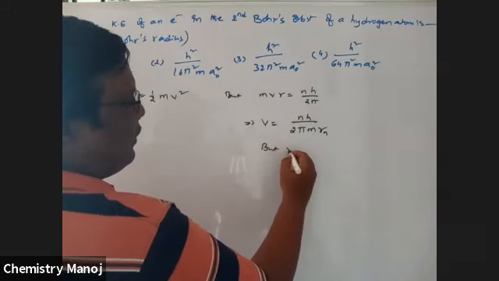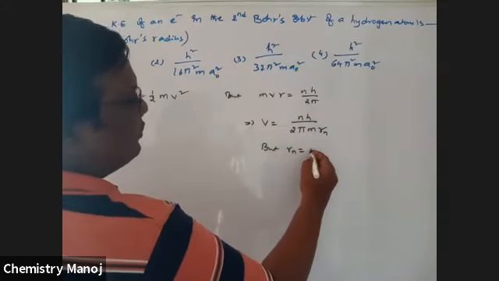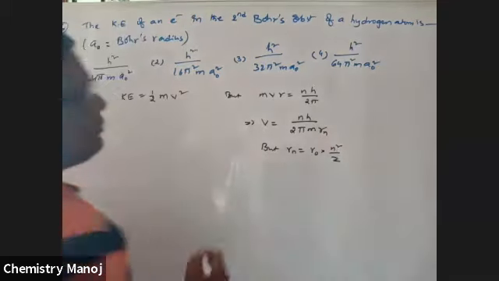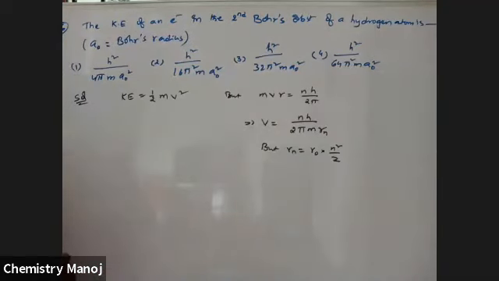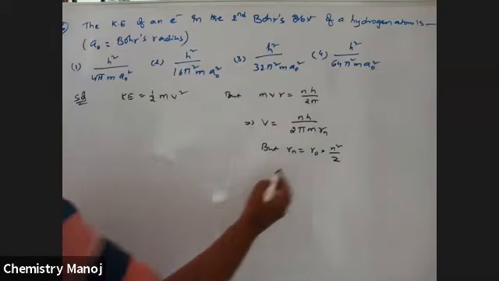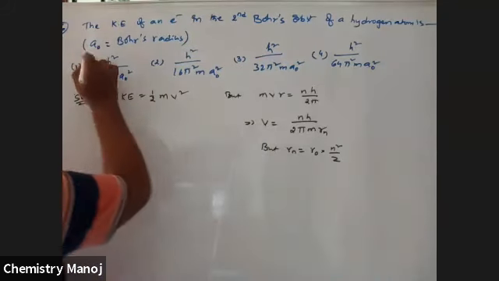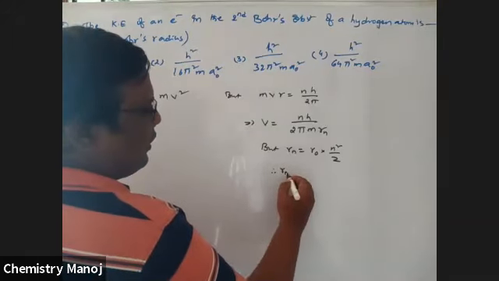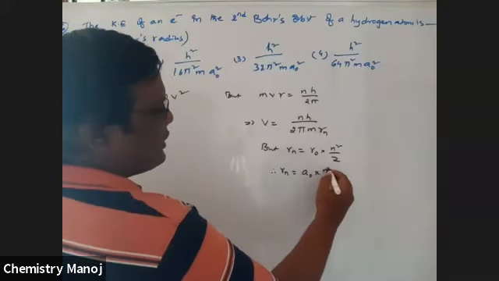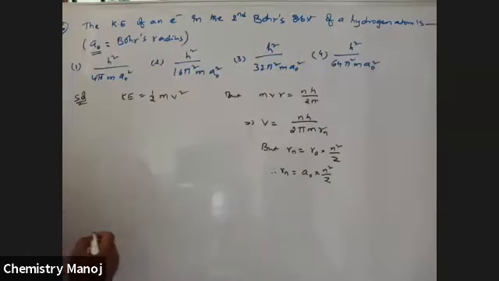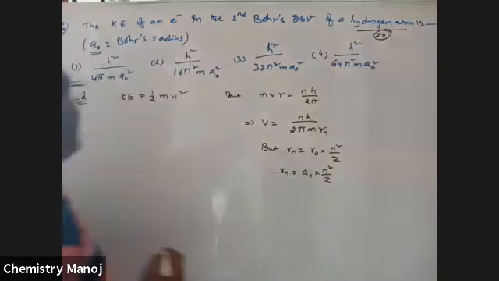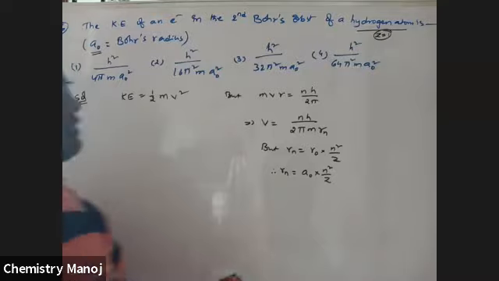The radius of the nth orbit is r is equal to r naught into n square by Z. Instead of r naught, this value is given as a naught. Substitute that value. Therefore, rn is equal to a naught into n square by Z. It is for hydrogen atom, Z is equal to 1.